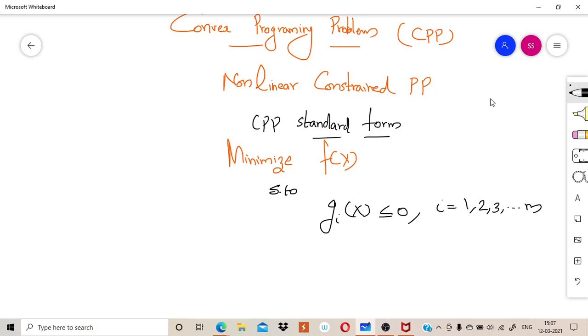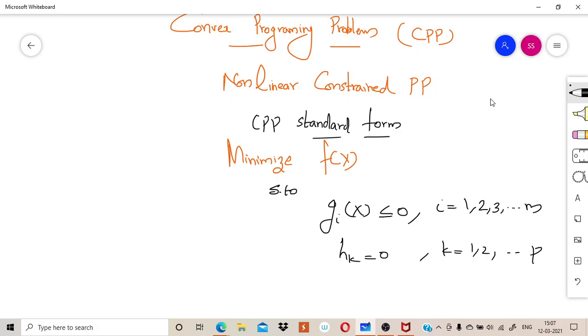For a constrained nonlinear programming problem, the constraints may be equality constraints like h_k equal to 0, where k varies from 1 up to p. It can be equality constraints as well as inequality constraints like less than or equal to.